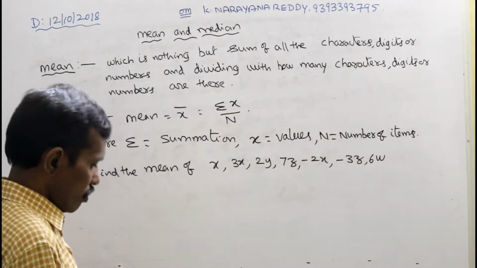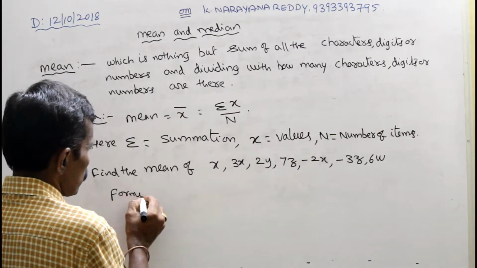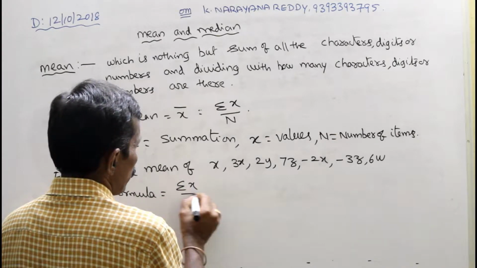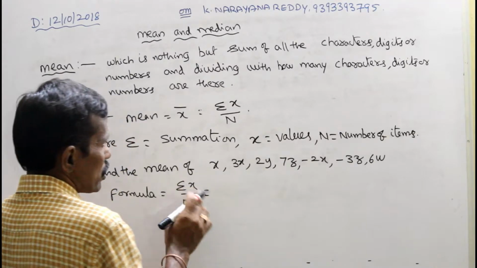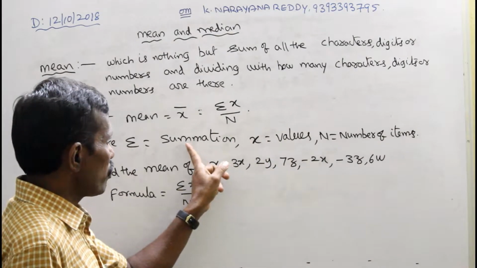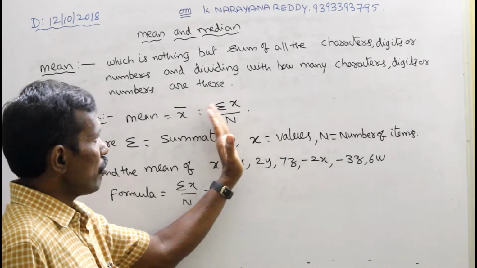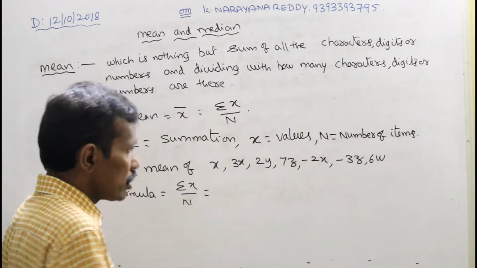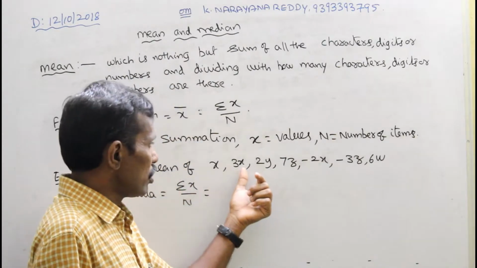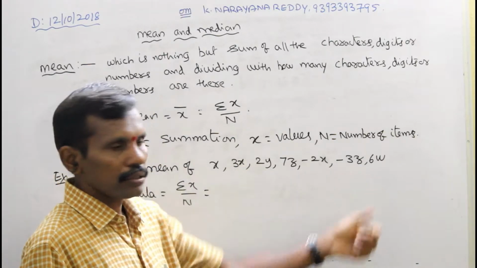What is our formula? Mean equals sigma x by n. Sigma is summation, x means values, so sum of values. Here the values are character values. x is a character, 3x is a character, because x is an alphabet, and 2y in the same manner.